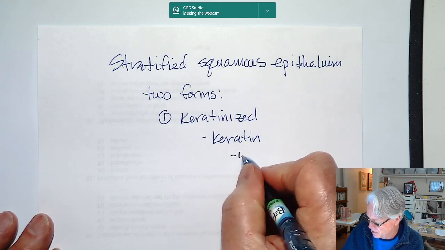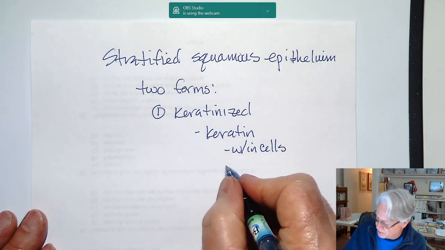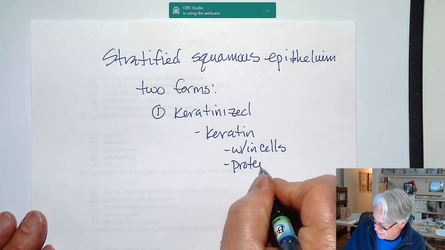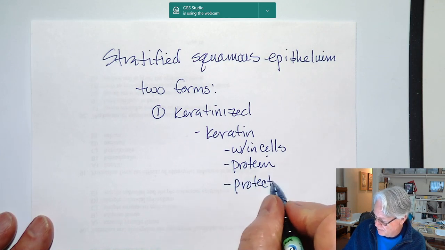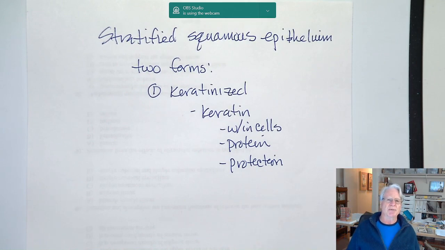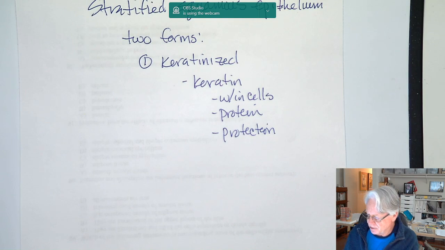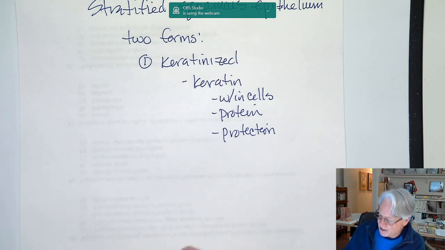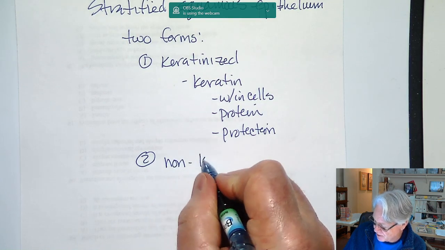And so this is within the cells. Okay. It is a protein. And it's designed for protection. It's a very hard protein, and it provides a lot of protection. We'll talk more about that when we do the integumentary system, the skin, and look at how the skin develops and the development of the outer layer of the skin. Okay, that's one type. And then, of course, the other type is the non-keratinized.